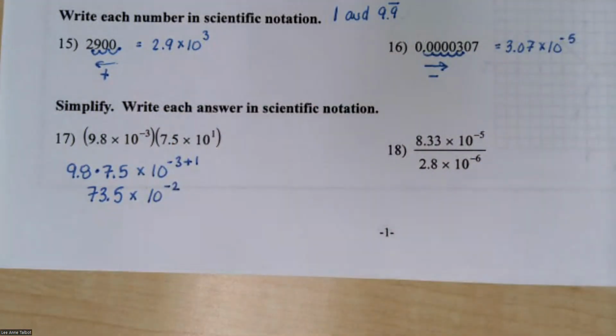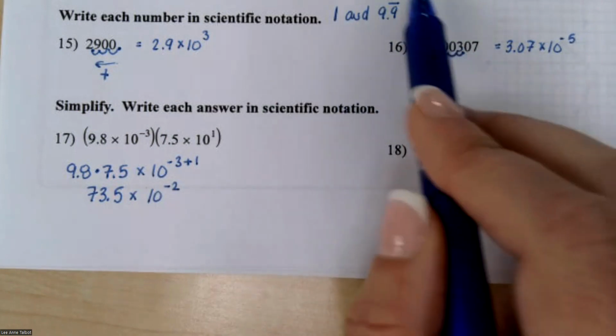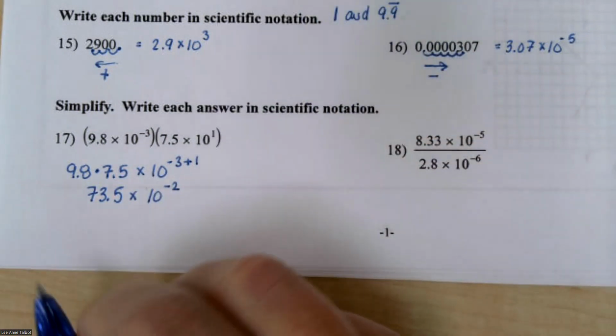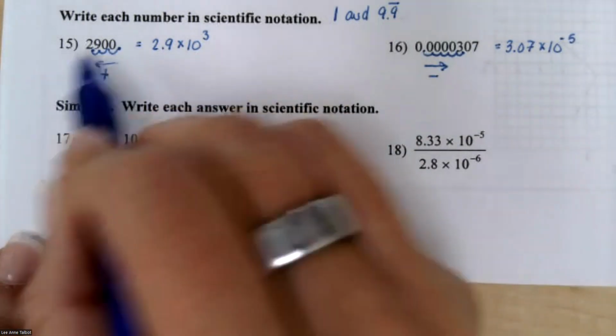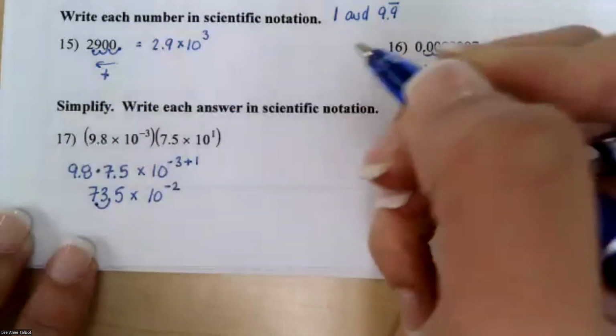Okay, now pausing. Is this number in scientific notation? No, I mean, sorta, except it didn't follow the rule where the front number needs to be between 1 and 9.9 repeating. So I have to do what I did here. I need to move this decimal down a spot.